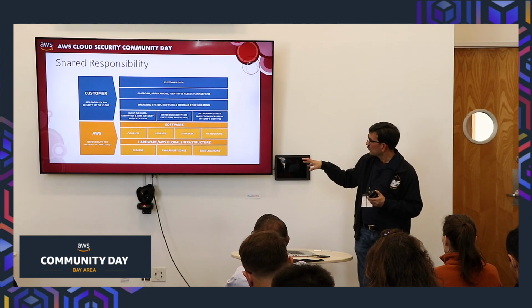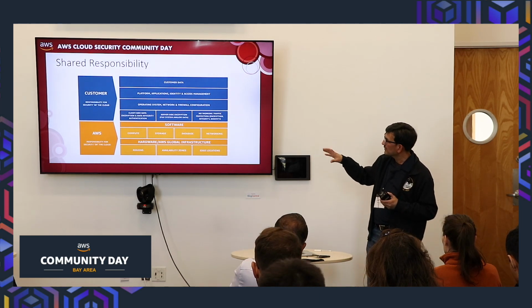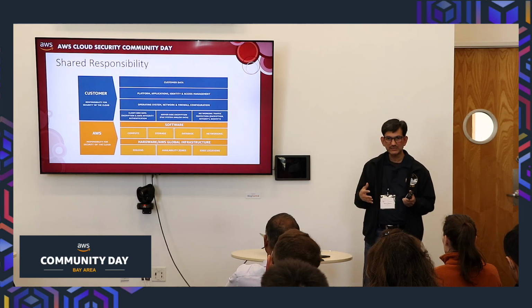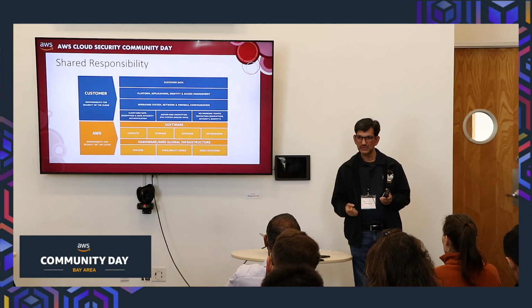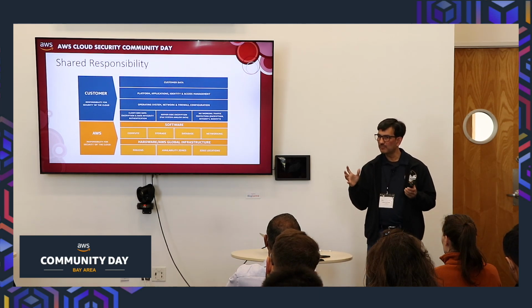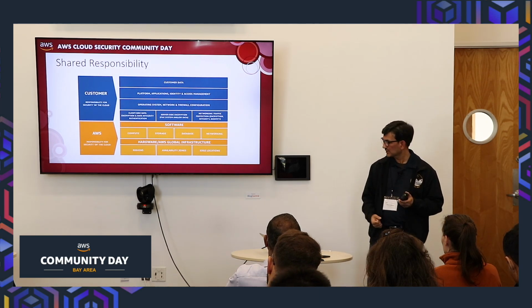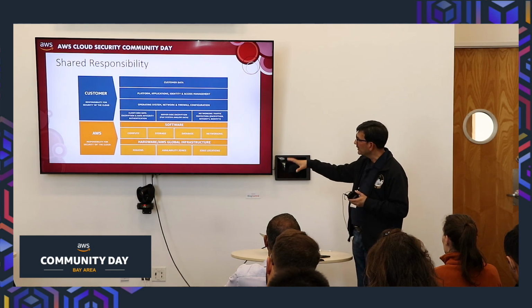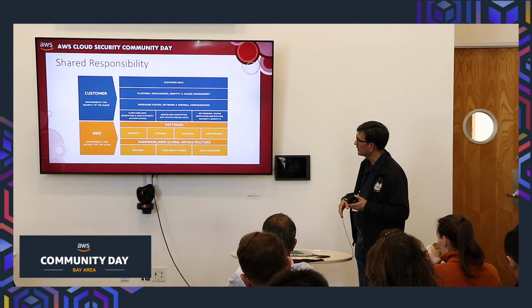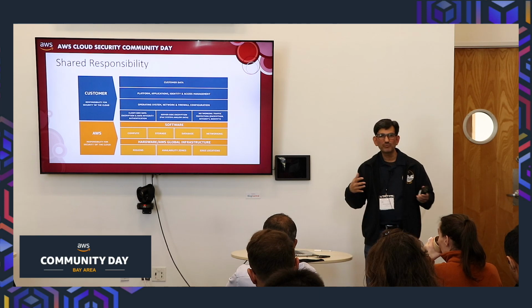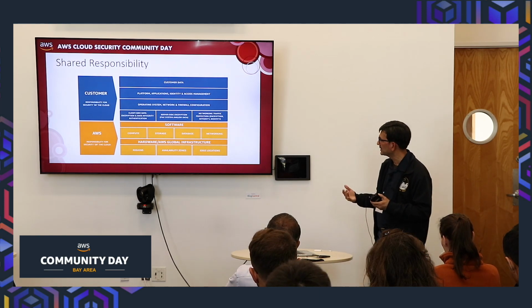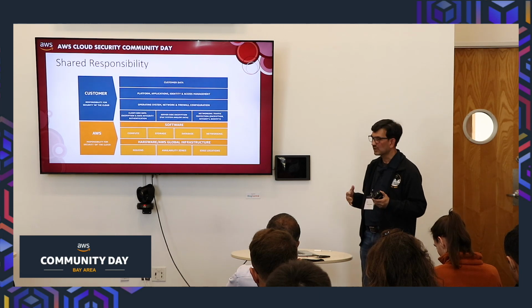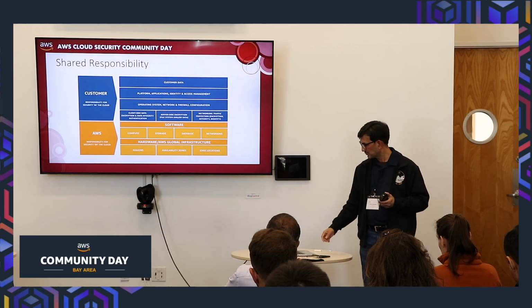I'm not going to go into all the details, but your platform and applications, and how you manage access to your resources, are managed and owned by the customers. AWS is responsible for security of the cloud, including the data center access and security, including our global infrastructure security.